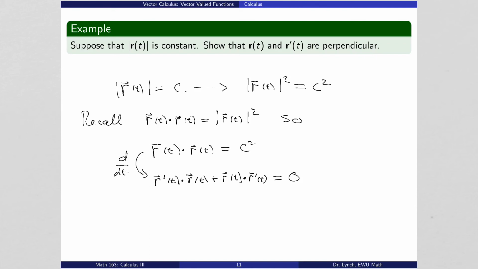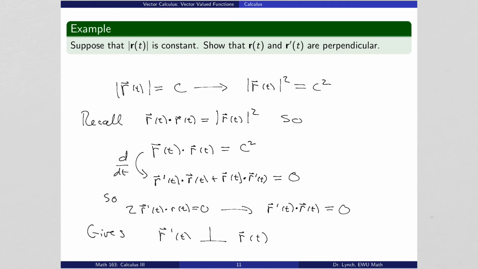So here's that relationship, the derivative of the first dot product with the second plus the first dot product with the derivative of the second is 0, which we can see simplifies into 2 r prime dotted with r is 0, or r prime dotted with r equals 0.